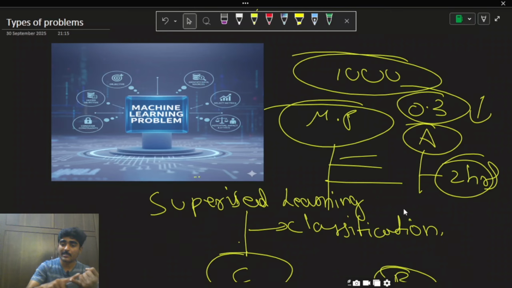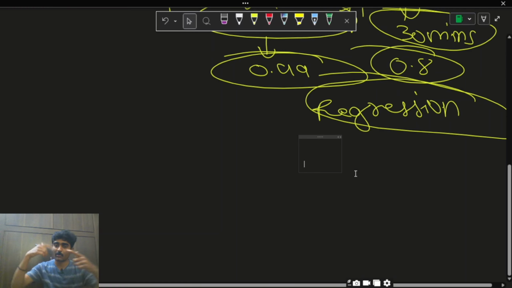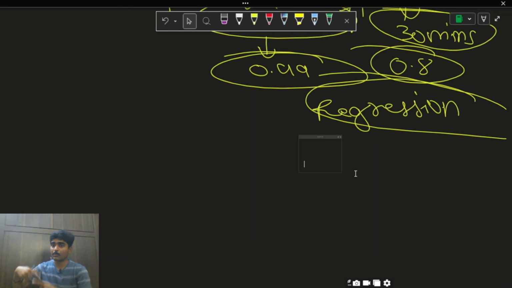Now from supervised learning, we initially assumed that it is classification, but we have modified that. From supervised we went to classification, then we realized classification was wrong, and we came to regression.